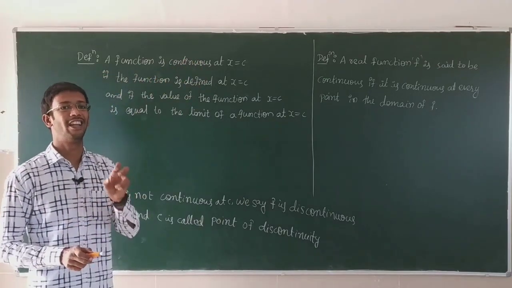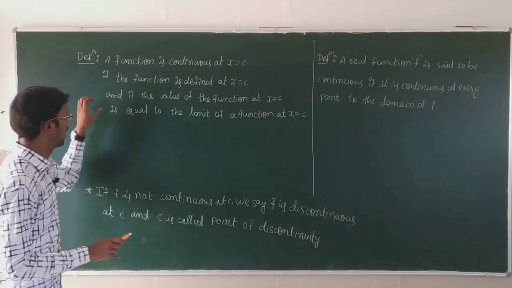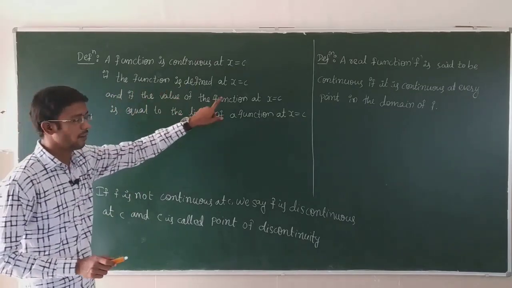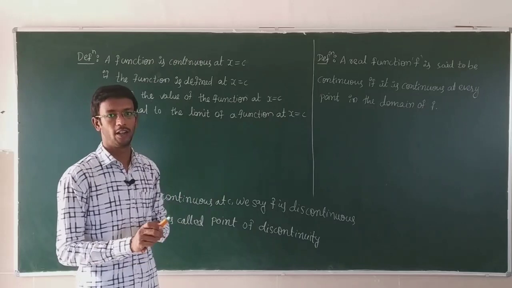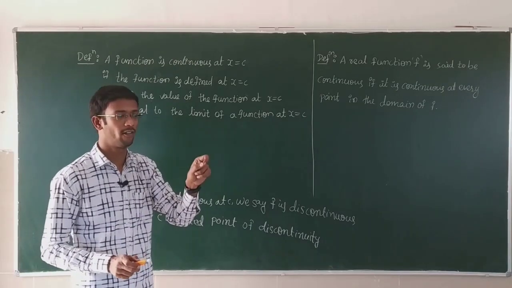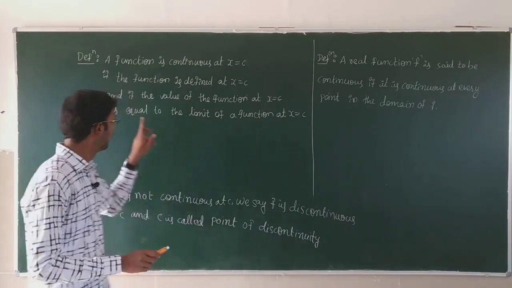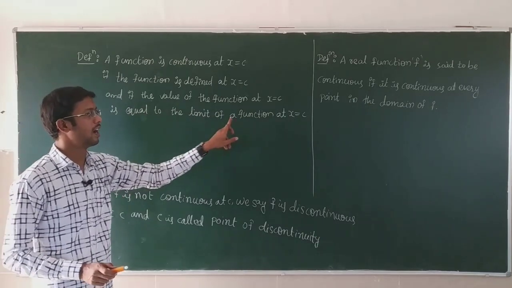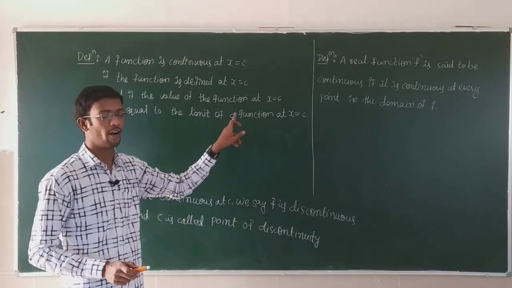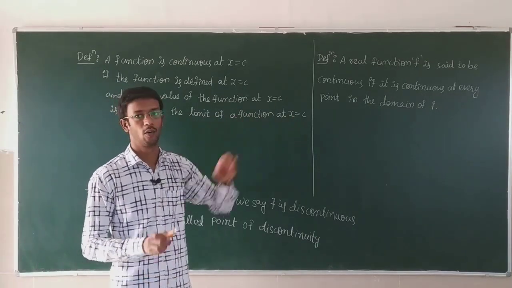That means it exists at p. And the value of the function at x equal to p is equal to the limit of the function at x equal to p.